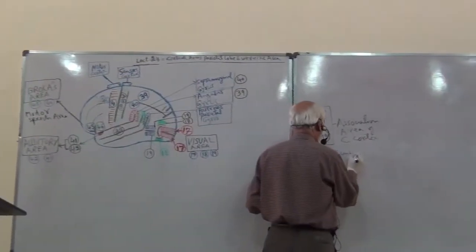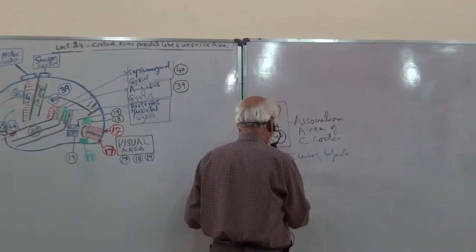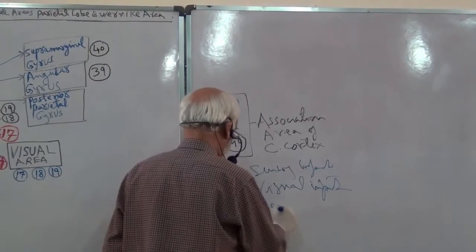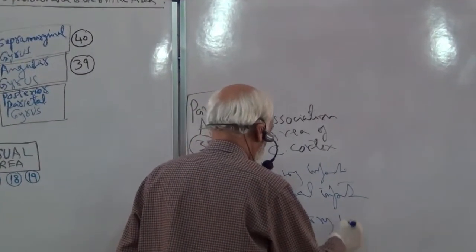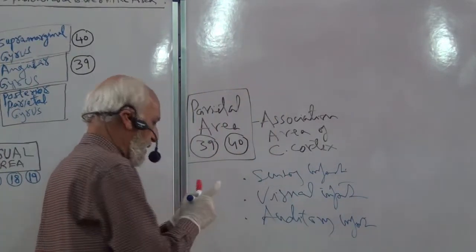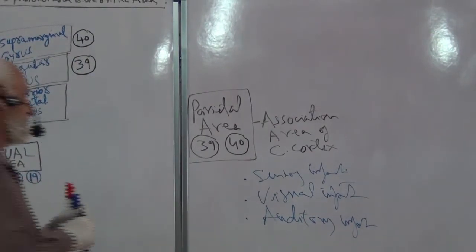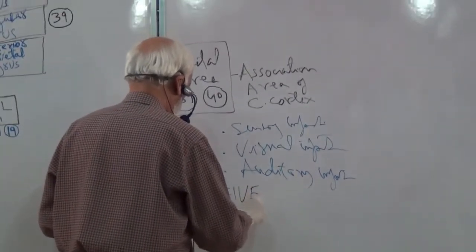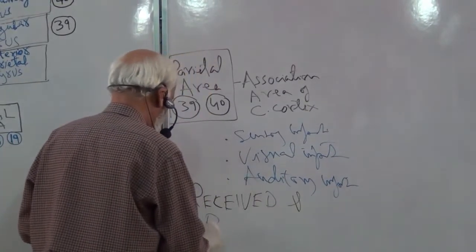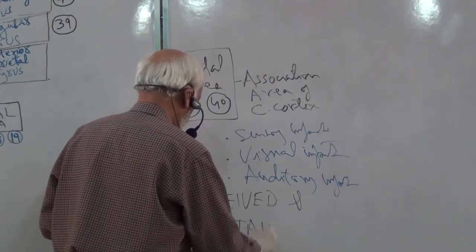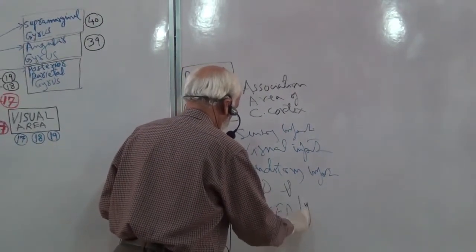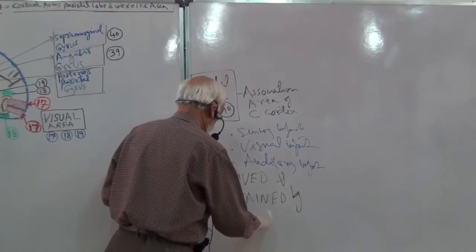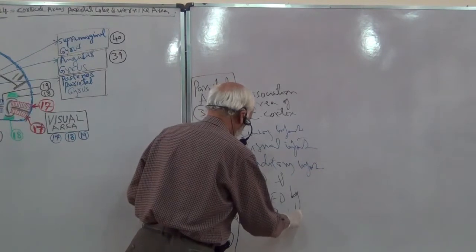The sensory information, the visual information, and auditory information is received and retained by areas number 39 and 40.